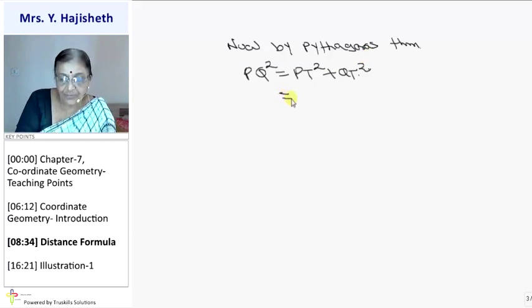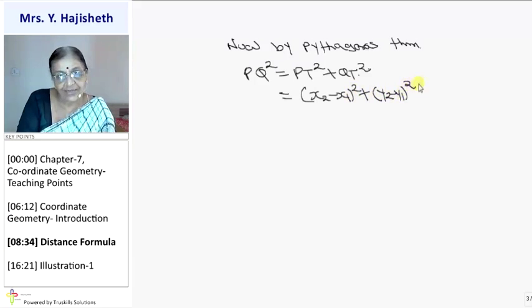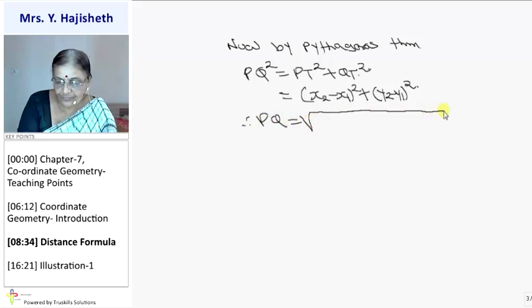So PQ square is, for PT I can put x2 minus x1 whole square. And QT is y2 minus y1, so QT square is y2 minus y1 whole square. Clear? So what is my PQ? PQ is square root of x2 minus x1 whole square, change in x coordinate whole square, plus change in y coordinate square.